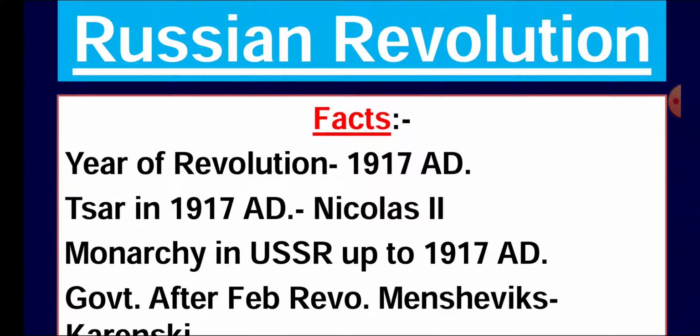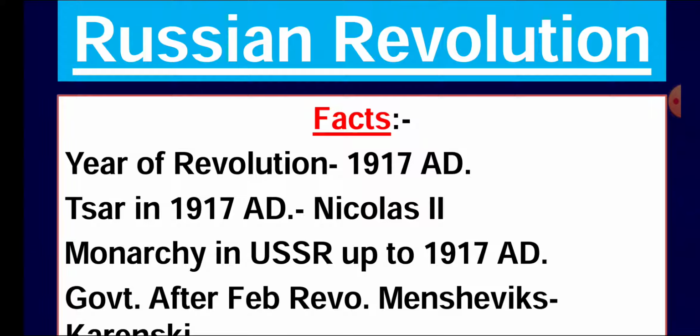Revolution means when a government or a regime or a social order is overthrown forcibly by a new order. It means when the old social order is replaced by a new one.